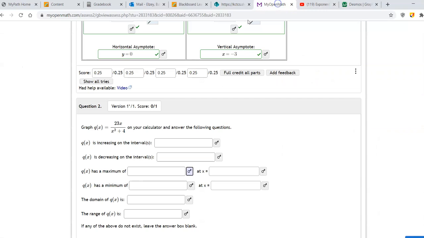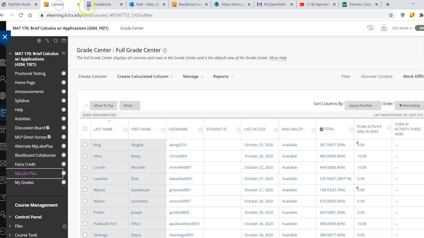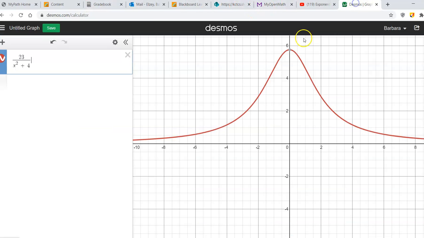So if I go back here, increasing and decreasing. Now on Desmos, you can hover your cursor and we can see that the point right there at the top is (0, 5.75).